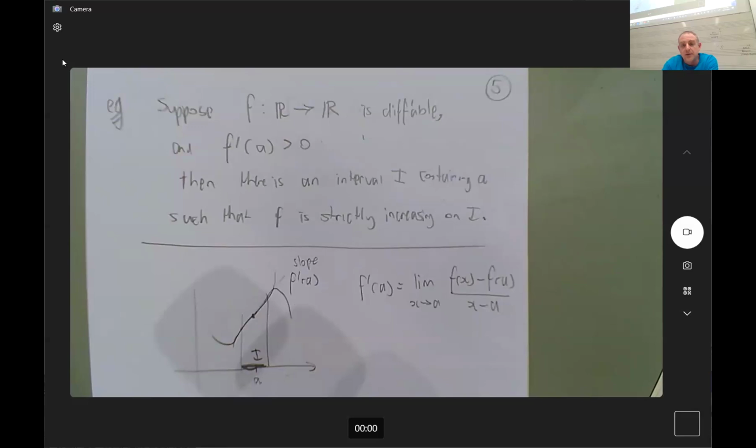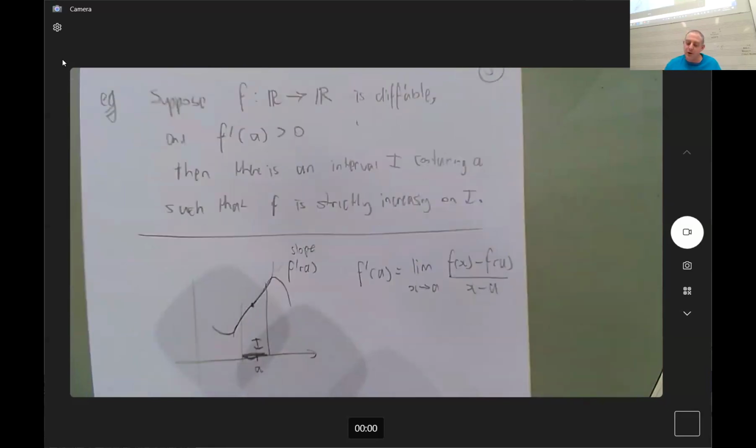And since that limit exists, that means that for every epsilon greater than 0... I think I've got it.